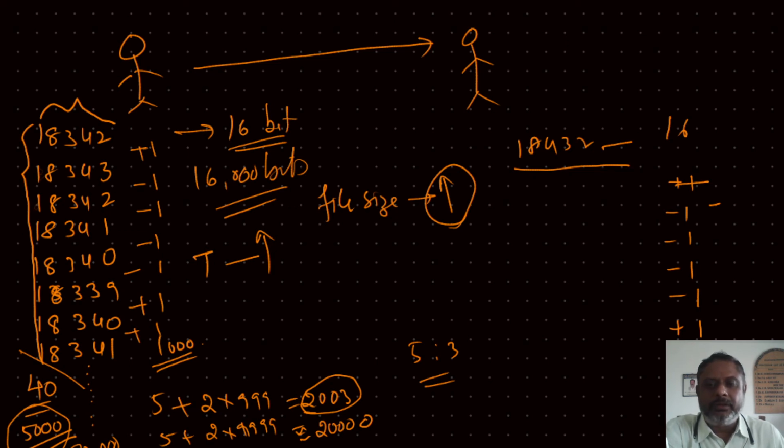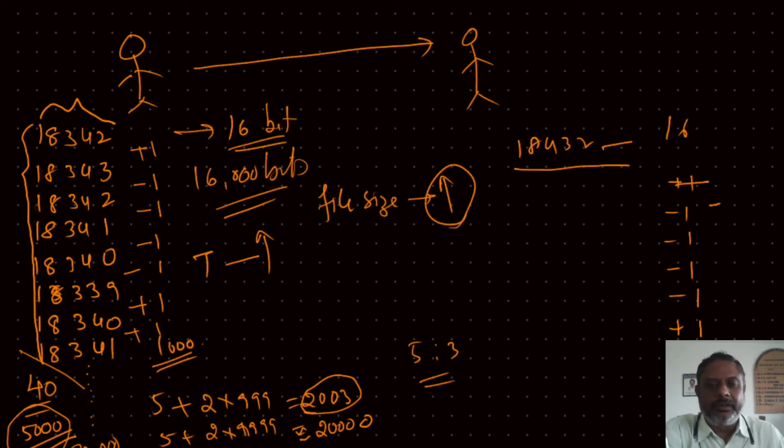So that way you can save a lot, provided your data is changing one step each time, either going up or down or remaining the same. So what will happen is you are going to tell only one number at a time.